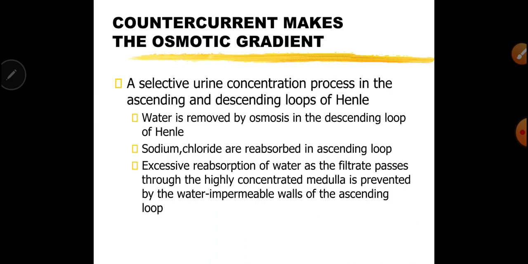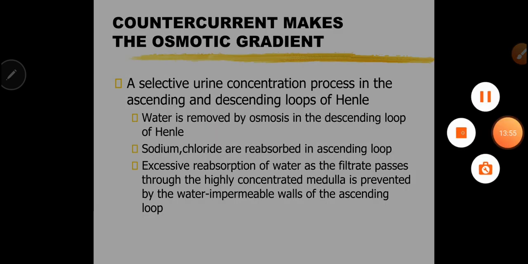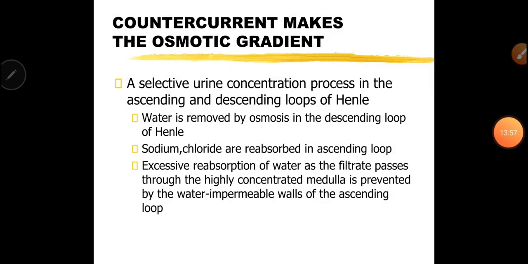So we have another physiological term that we should understand, something called the countercurrent mechanism that is related to osmotic gradients. A selective urine concentration process in the ascending and descending loop of Henle.